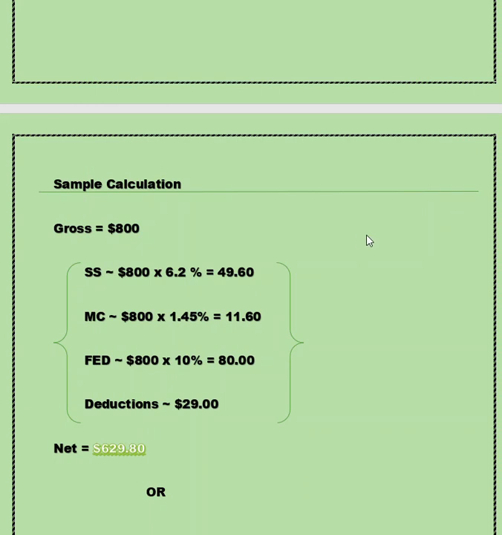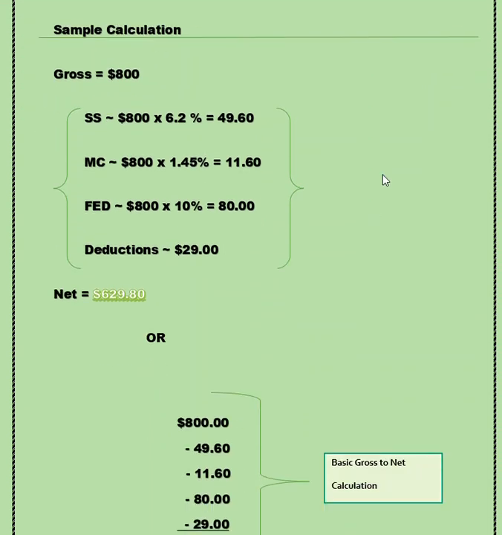Let's move on to a sample calculation. So using the information that we provided in the prior slides, your gross pay was $800. And your Social Security in this example would be $49.60.